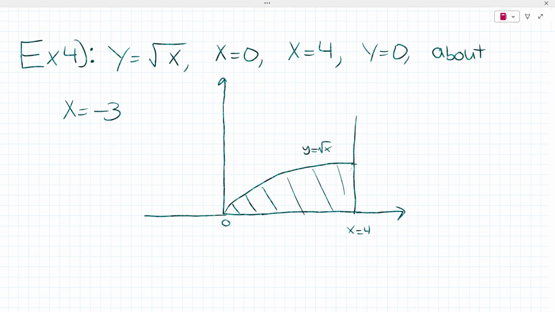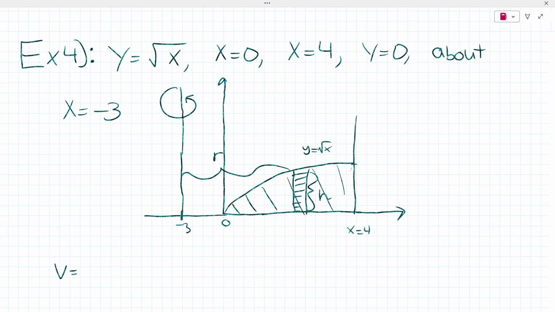Let's pretend this is negative 3 right here, and we're revolving around that line. What that means is our slice will be vertical like this. And this is now our radius, and this is our height. Now, if we're revolving around x equals negative 3, that means everything will have to be in terms of x.